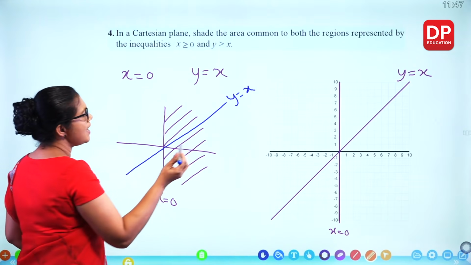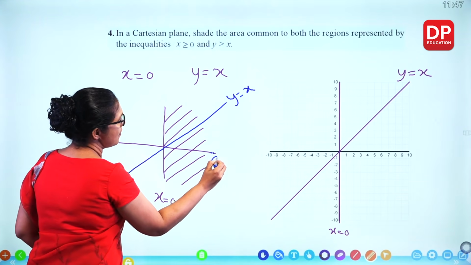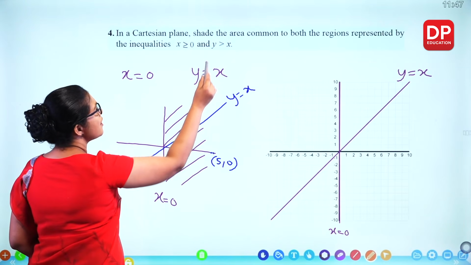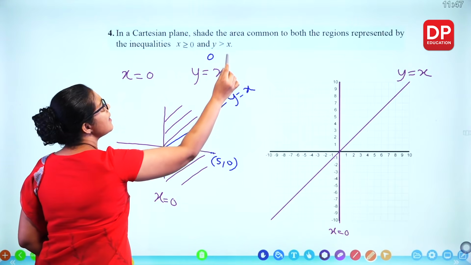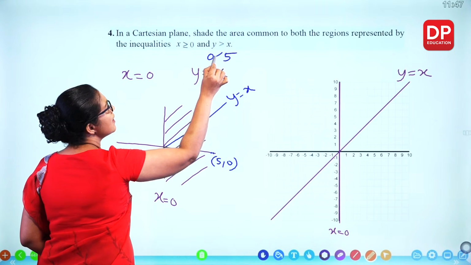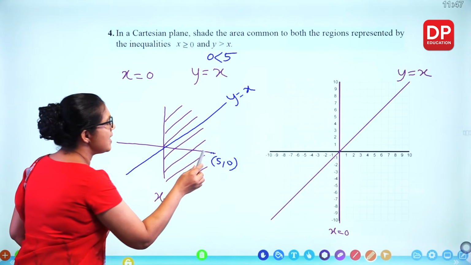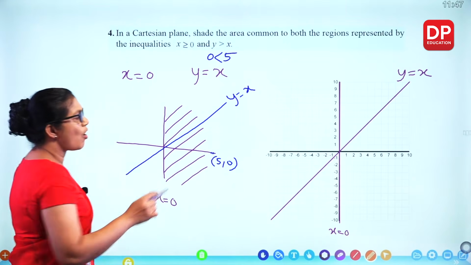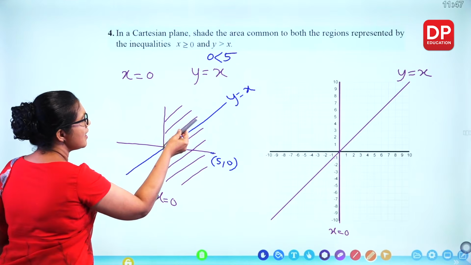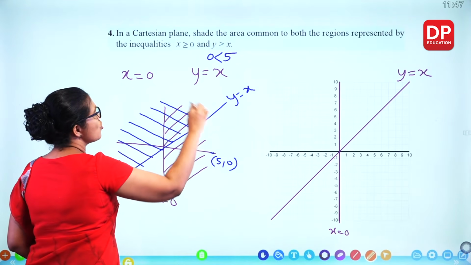So when you take any point here, I'll take this point, 5, 0. When you substitute 0 for y and 5 for x, which one is bigger here? I can see 5 is bigger than 0. So that means this point is not in the correct region for y greater than x. So here that means we have to color this region.